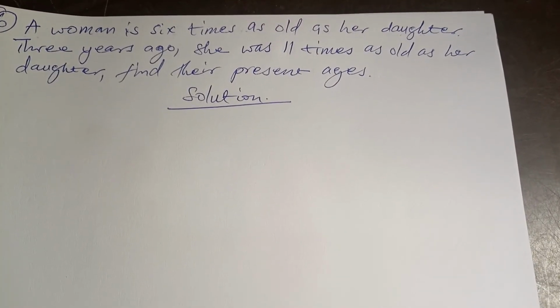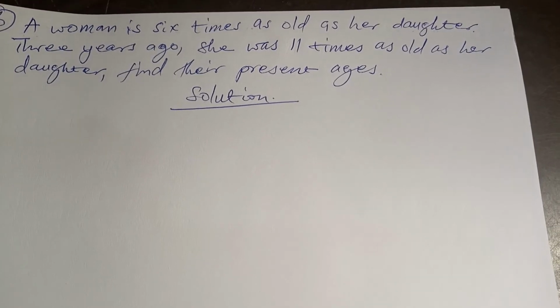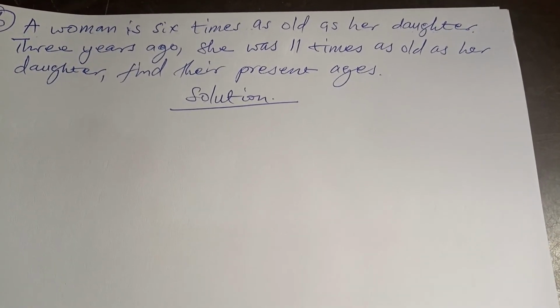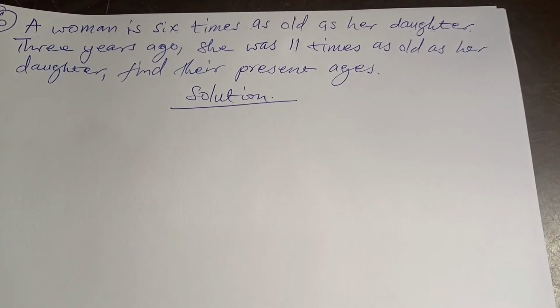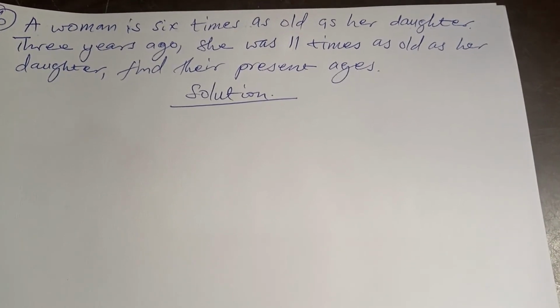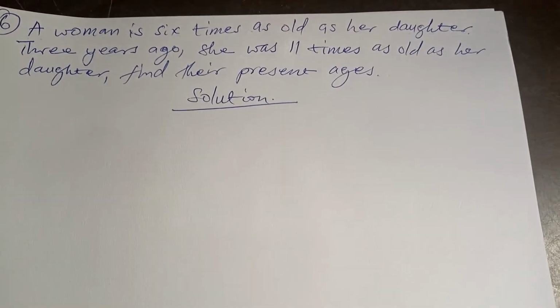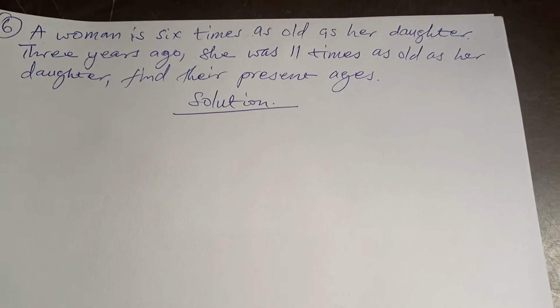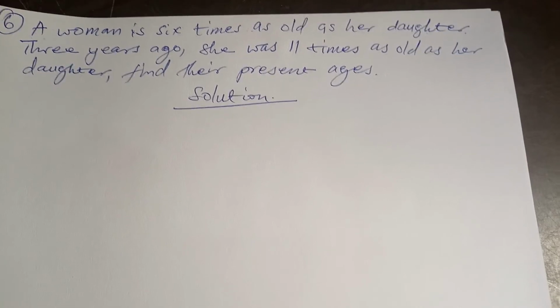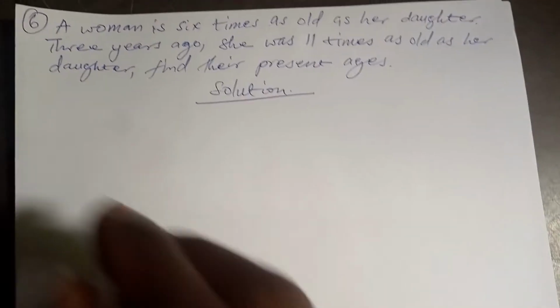Again, here there is a link between the woman's age and that of her daughter. She is 6 times the age of her daughter, meaning that if we know her daughter's age, we just have to multiply it by 6 to give us her age. And that is what we are going to do. So we let her daughter's age be, let's say, m.